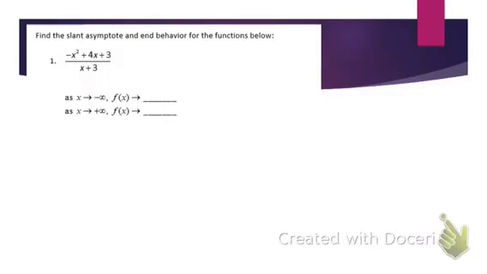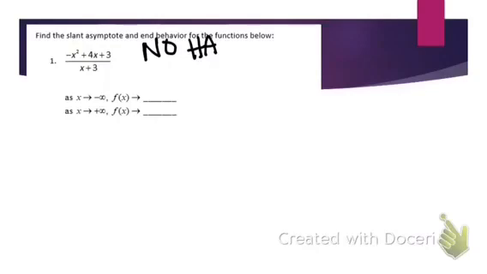So, the reason this has a slant asymptote is because the degree of the numerator is greater than the degree of the denominator. Therefore, it has no horizontal asymptote. You guys have to remember all those rules. There are three. If the degree is bigger on top than the bottom, there's no horizontal asymptote.